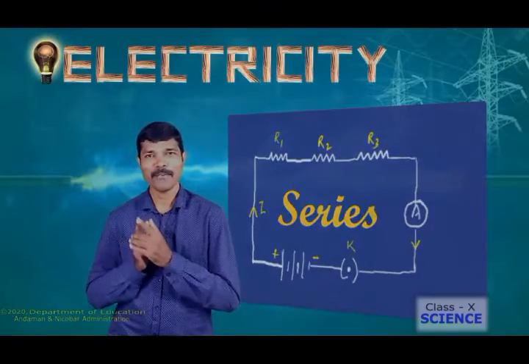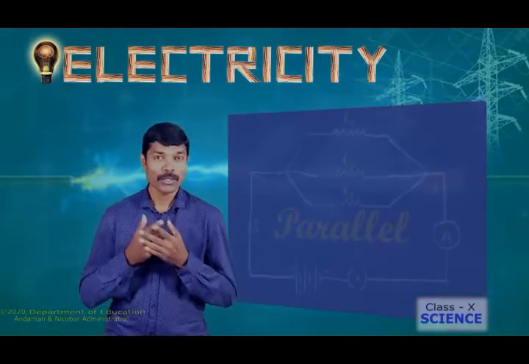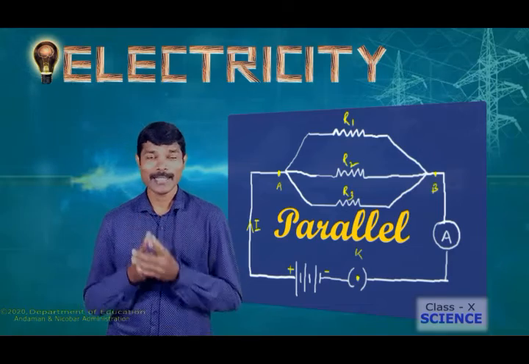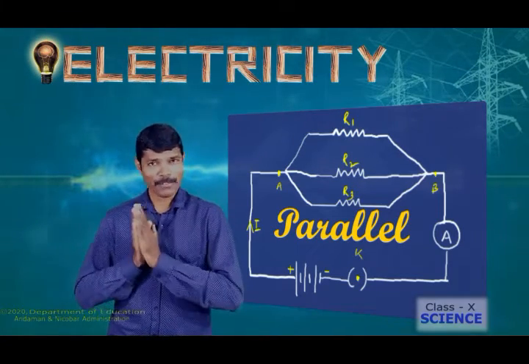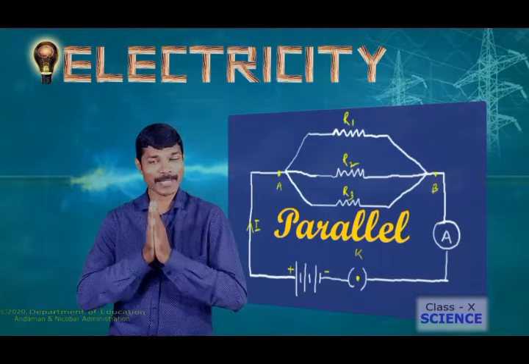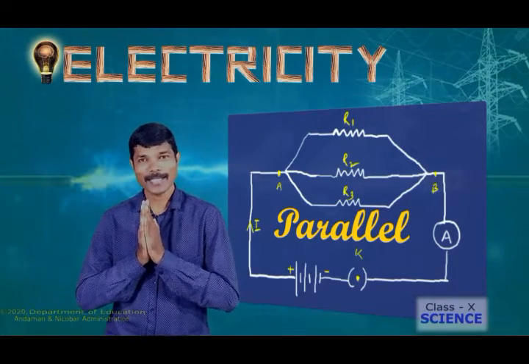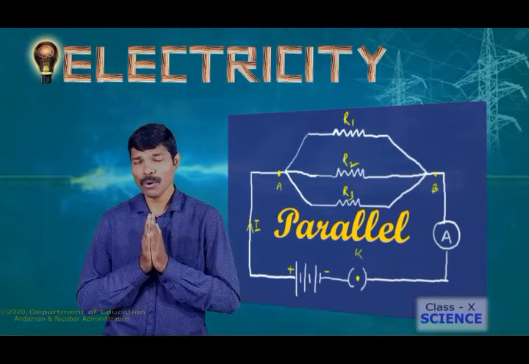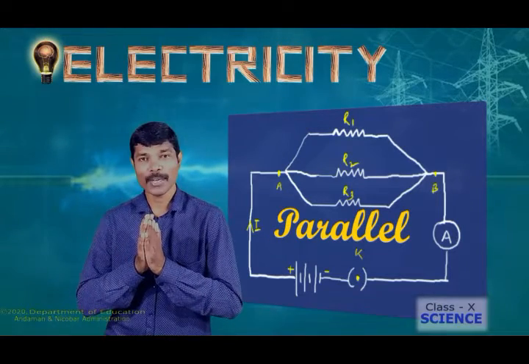Let us now understand why potential difference changes across each resistor. Dear students, you should know that the resistance acts as a speed bump or speed breaker. Whenever electric current flows through the resistance, it restricts the speed of flow of the electrons. When electric charges reach the resistance, the speed at which the electric charges flow gets slowed down.